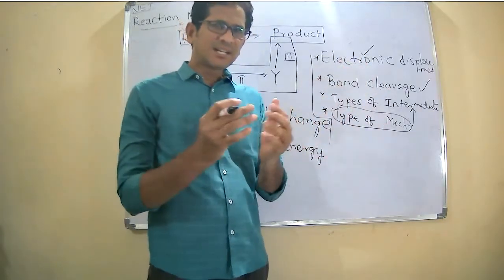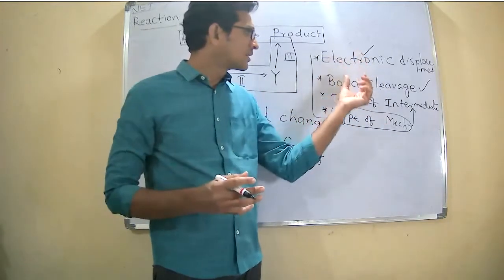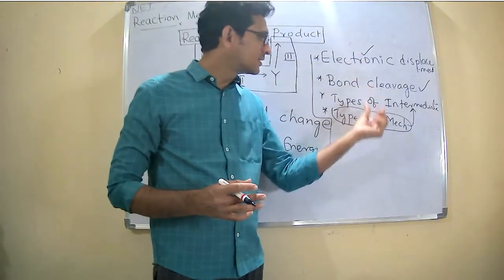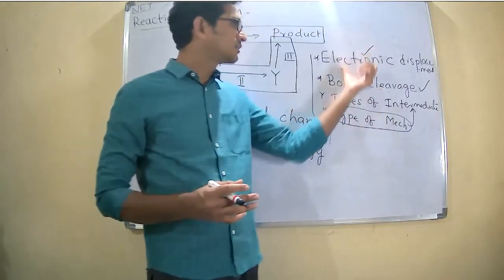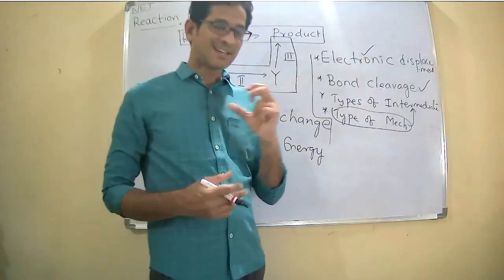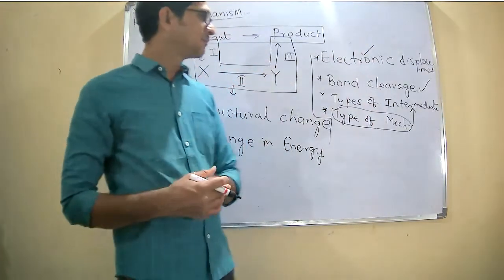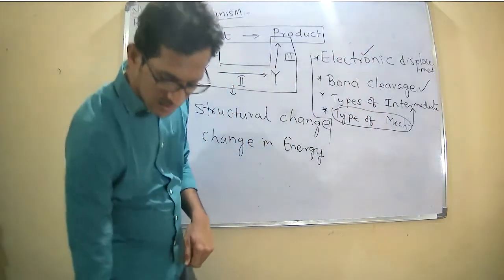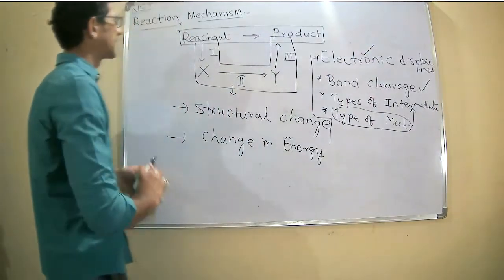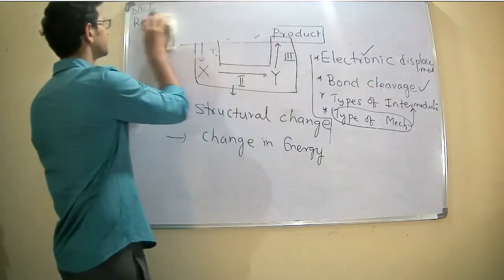So there is an interconnection between them: this depends on this, and this depends on this. We have to observe all these conditions while we are studying a particular reaction mechanism. This is some introduction about the definition of the reaction mechanism.